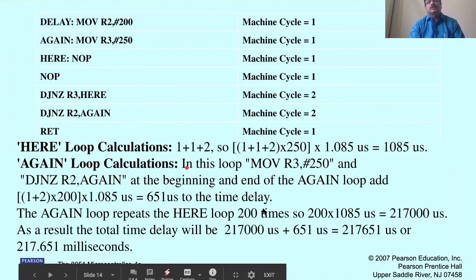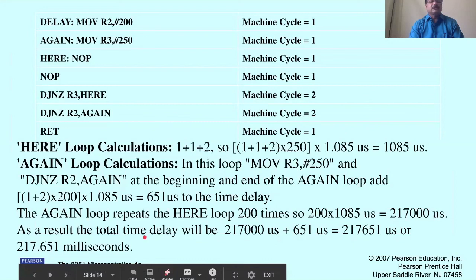So 200 into 1.085 microsecond gives you 217000 microsecond, and as a result of that, the total time delay will be 217000 microsecond plus 651 microsecond. That will give you 217651 microsecond, which is equivalent to 217.651 millisecond.